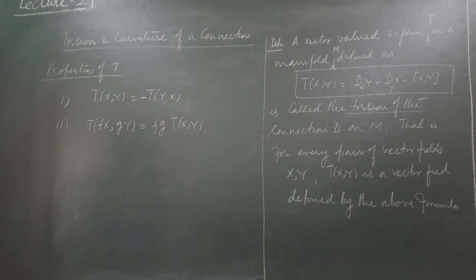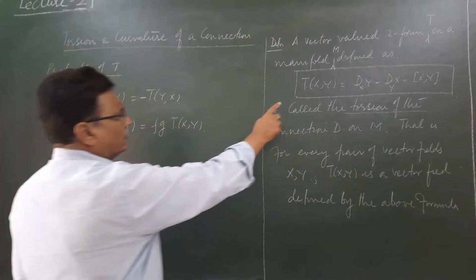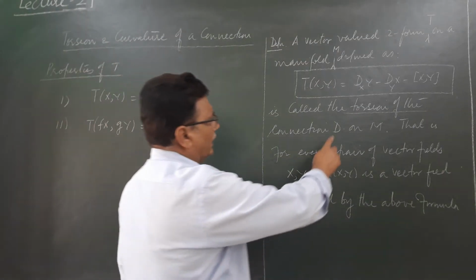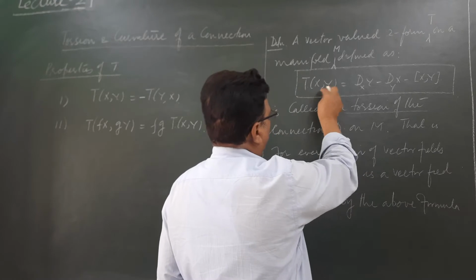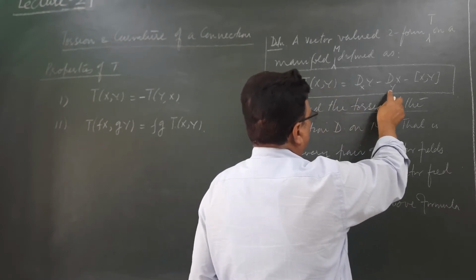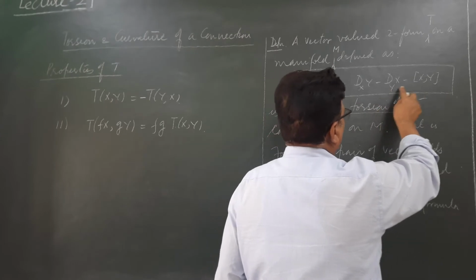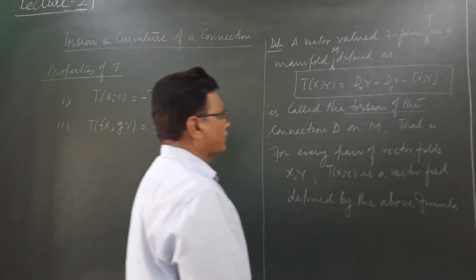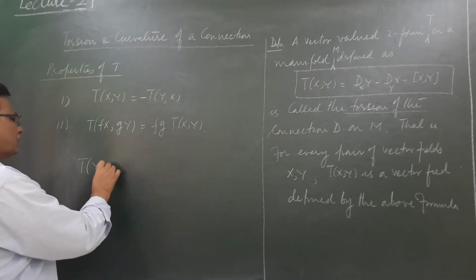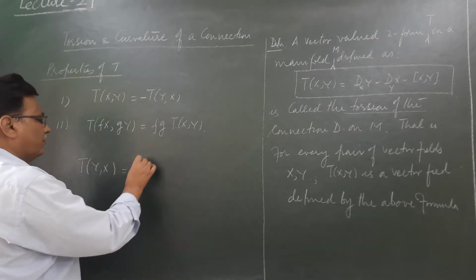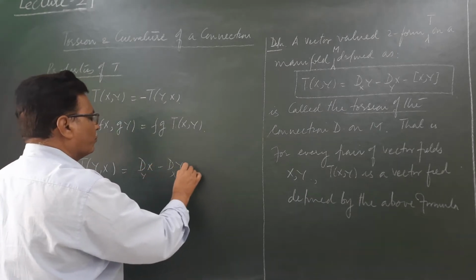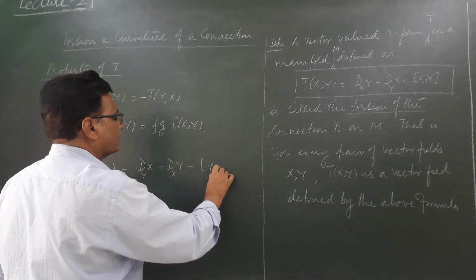Verification is easy. For the first one, just look at the formula of T. You will notice that if you interchange x and y, then this term will become Dyx, this will become Dxy, and this will become Lie bracket [y,x]. So if you compute T(y,x), it will be Dyx minus Dxy minus Lie bracket [y,x].